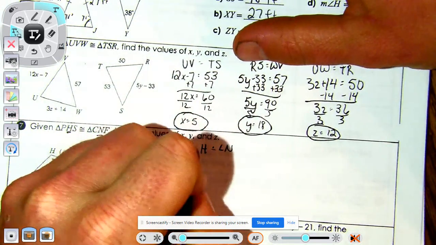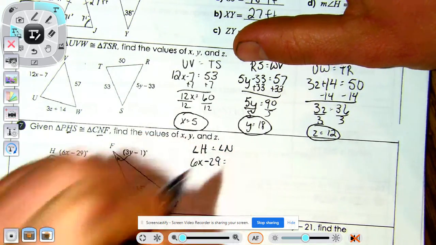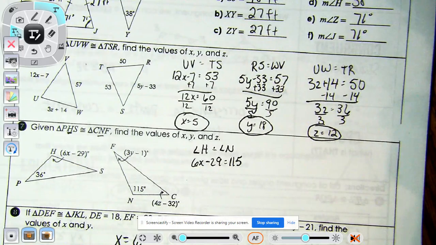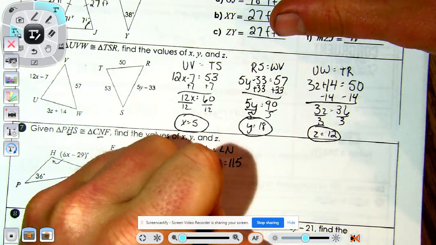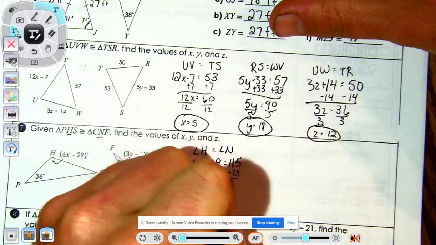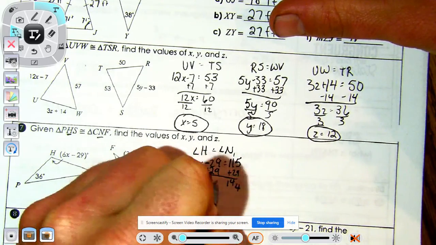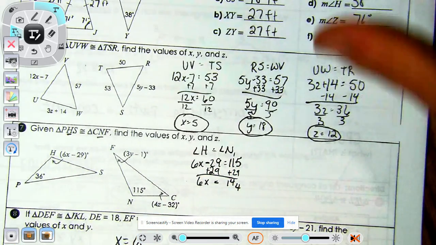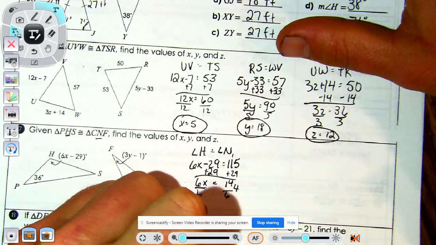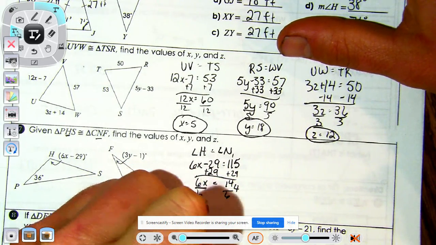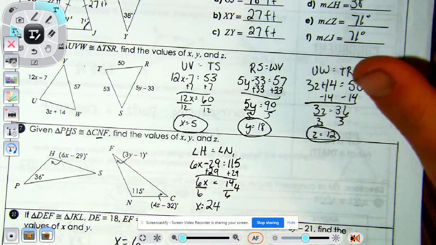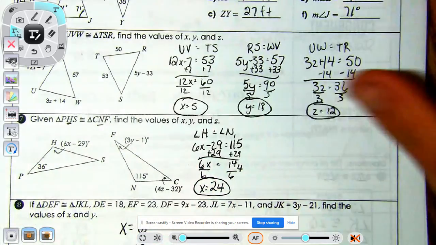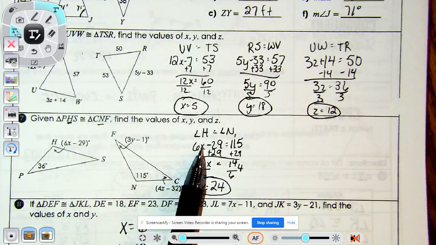That's equal to 115. Combining like terms, I would add 29, 144 is equal to 6x. Divide by 6. X is equal to 24. Once again, if you wanted to prove that that is right, you could plug it back into this equation and make sure whenever you multiply 6 times 24 and subtract 29, you better get that 115.